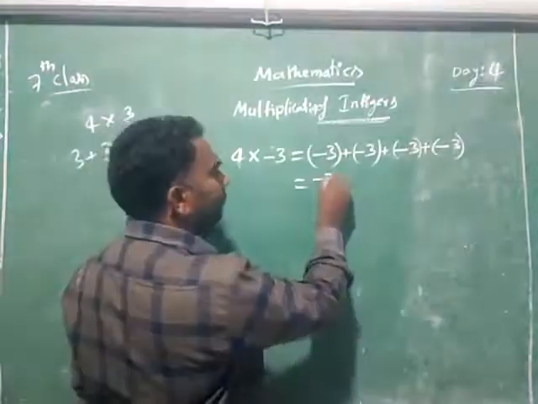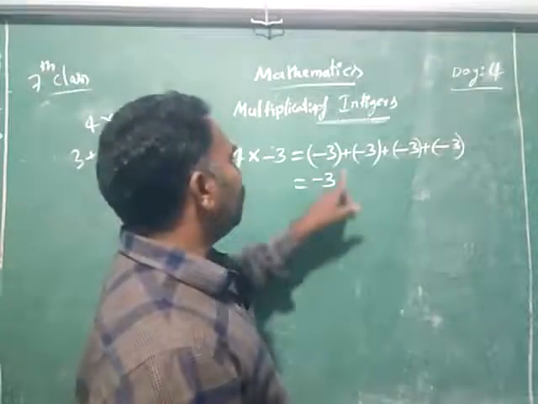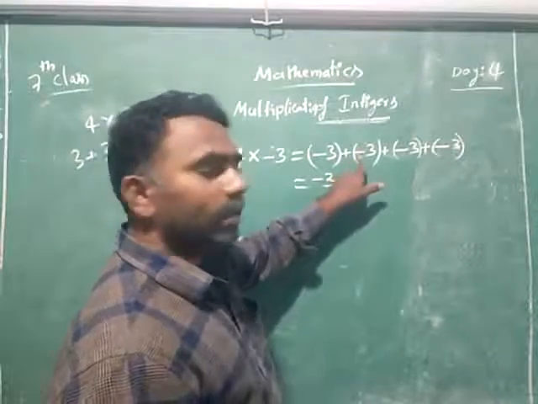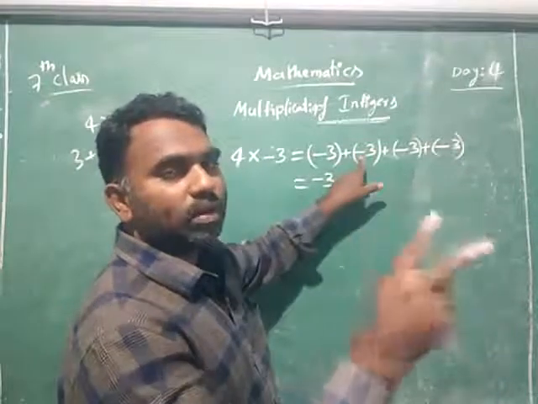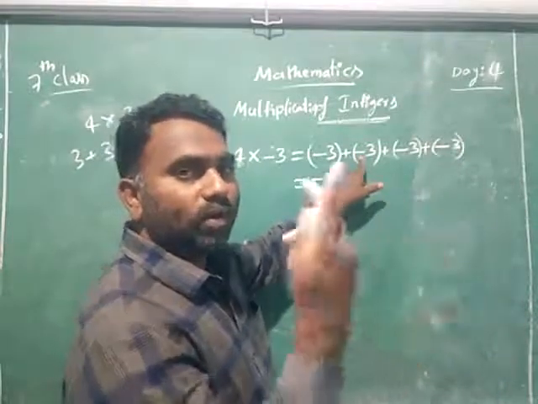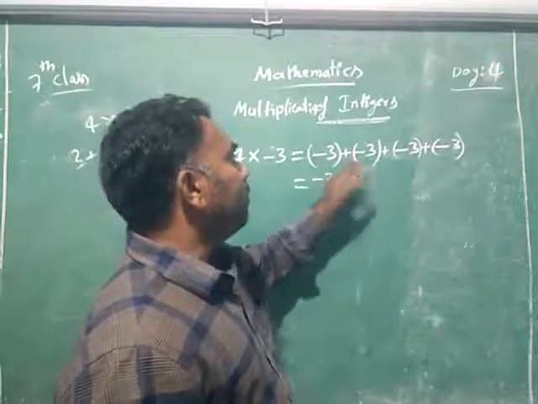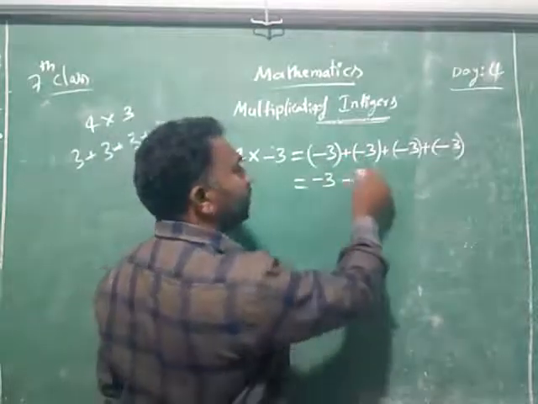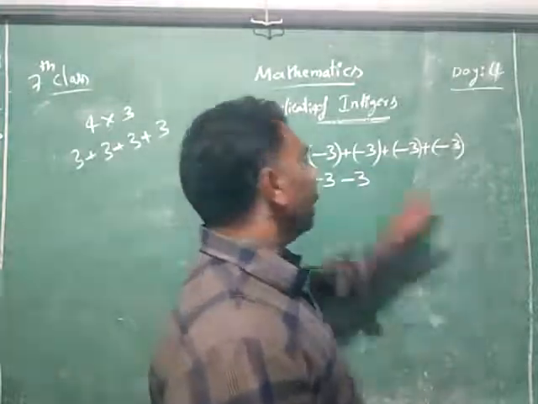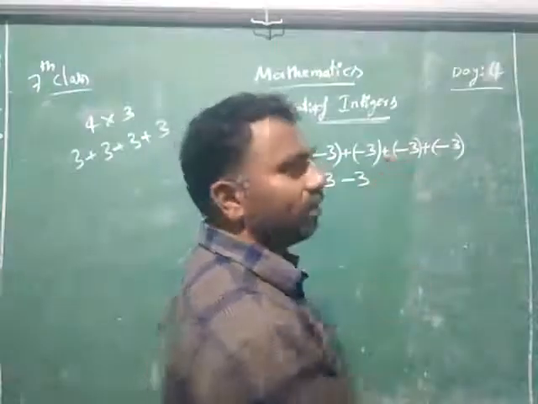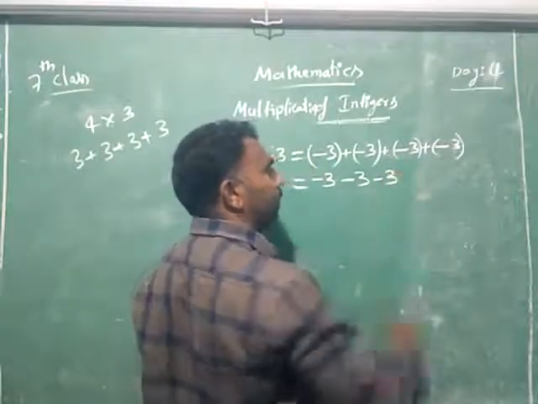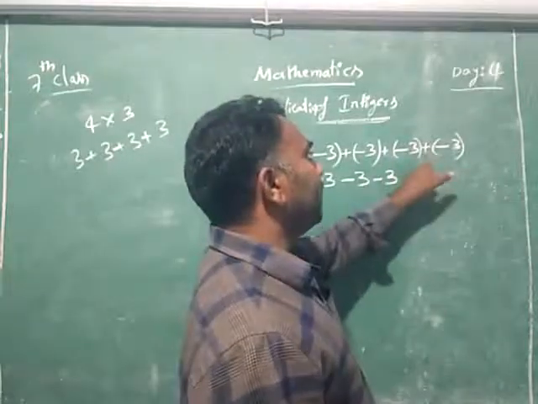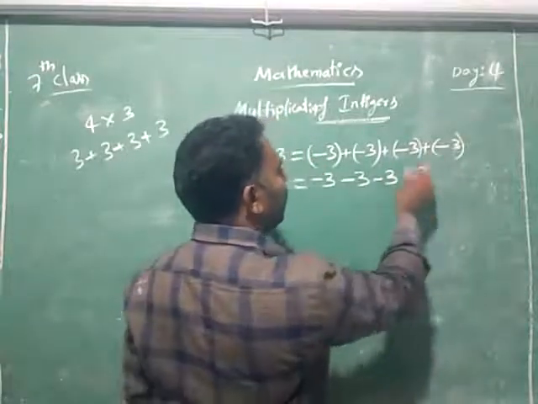When two symbols are there, we convert them into a single symbol. Plus and minus will become minus 3. Again, plus and minus will become minus 3. Plus and minus will become minus 3.